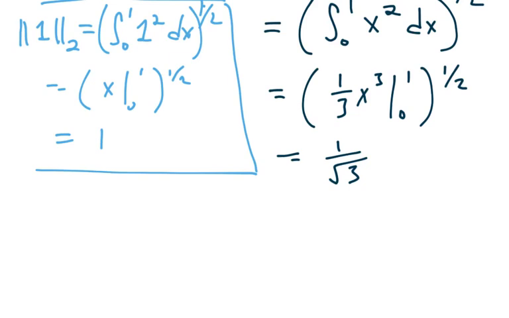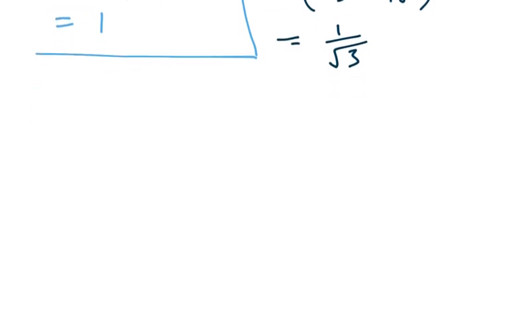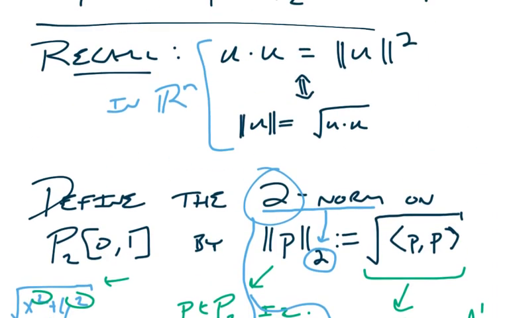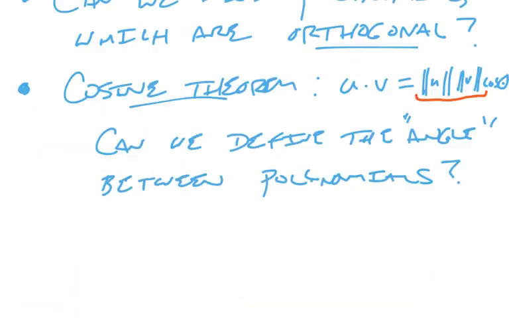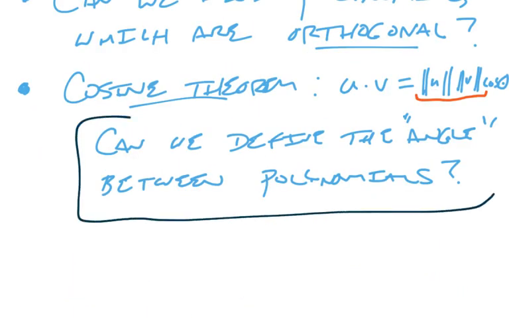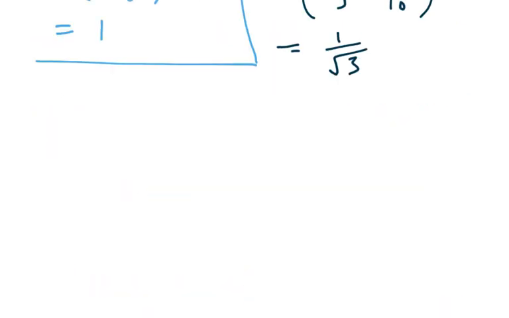All right, so this leads me to the point that I wanted to make. We can now answer this question here. What we're going to do is say that because the cosine theorem is true in Rn, we are going to use it to define what has to make sense for the angle between vectors in P2.